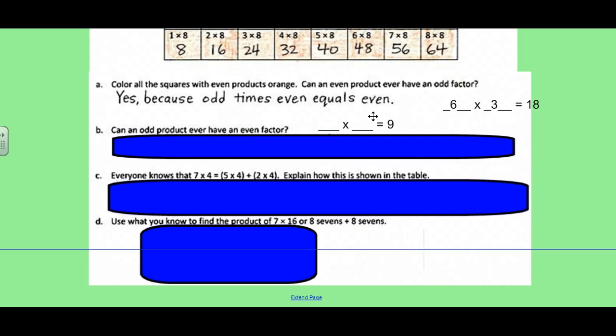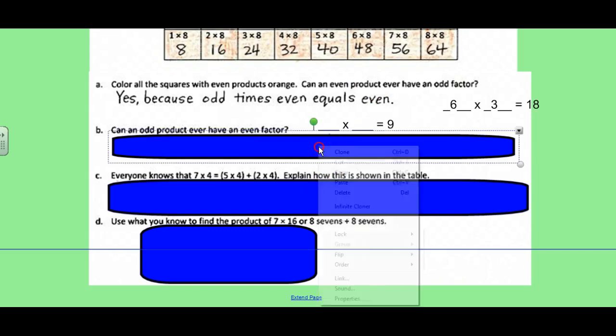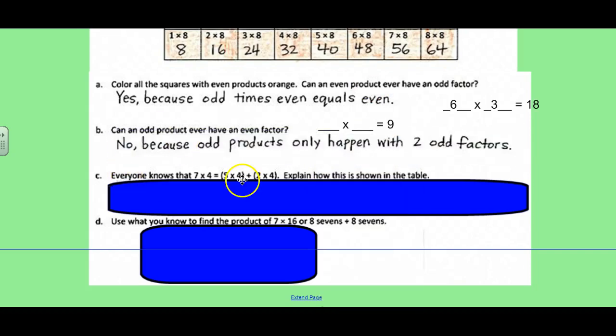So you can never get an answer in a multiplication equation that's an odd answer and have an even factor. So this right here is no, because odd products only happen with two odd factors. Or you could have put no, because odd times odd is equal to odd. You can never have an even number in your multiplication equation and then it be equal to an odd product.